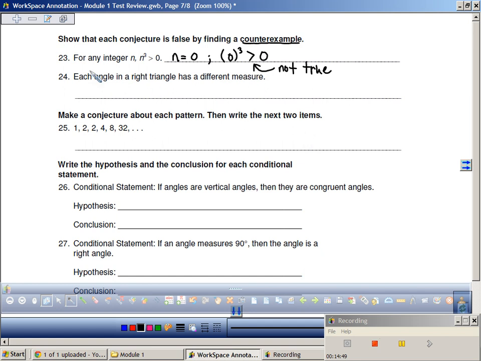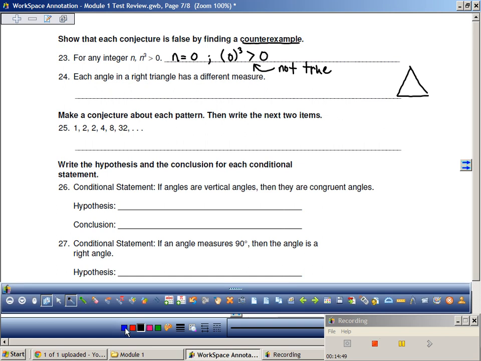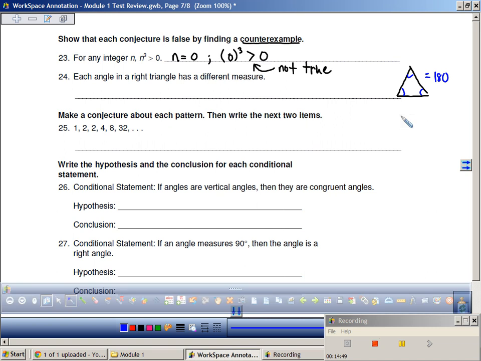24. Each angle in a right triangle has a different measure. If I measure all of the angles inside of a triangle, what would they all equal? All angles inside of a triangle are equal to 180 degrees. Okay?